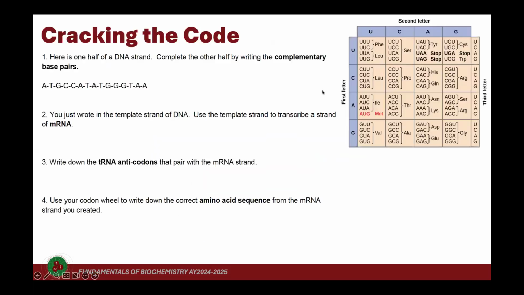Now let's work a very simple example on how to crack the genetic code. We have here a single DNA strand. It says complete the other half by writing the complementary base pairs. So let us write the complement.